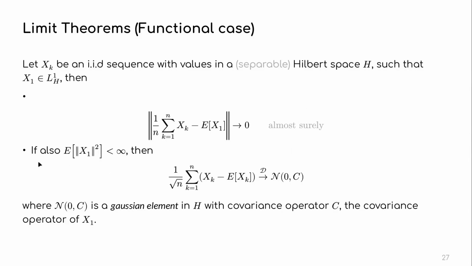And then if I also have finite second moments, then I also have a version of the central limit theorem, which is a bit different, but it still means that x minus its expectation, in distribution, is going to be closer and closer to some infinite dimensional Gaussian distribution, which here is called a Gaussian element.